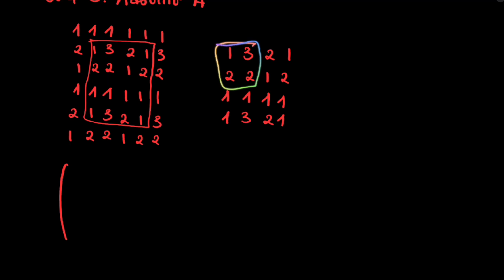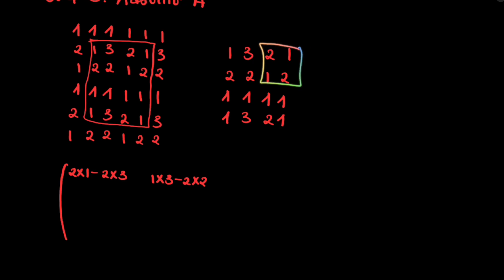So we have 2 times 1 minus 2 times 3. Take the second, 1 times 3 minus 2 times 2. And we take the third, 2 times 2 minus 1 times 1.